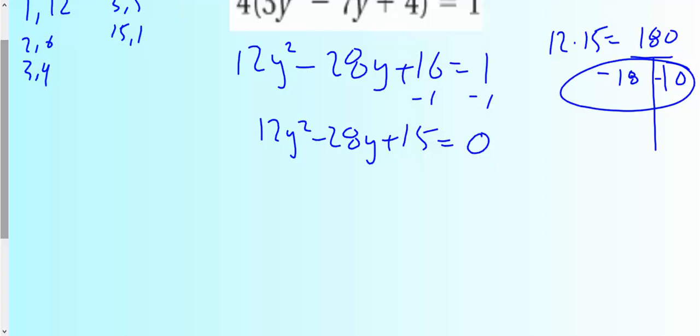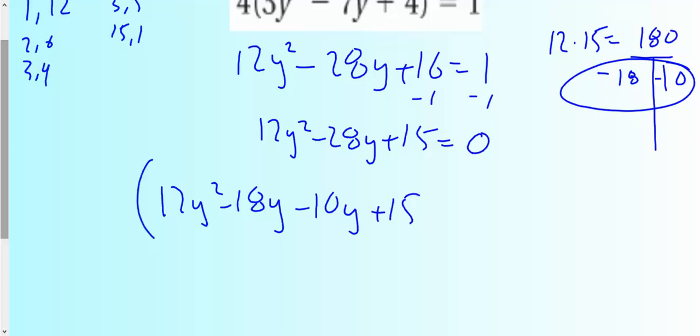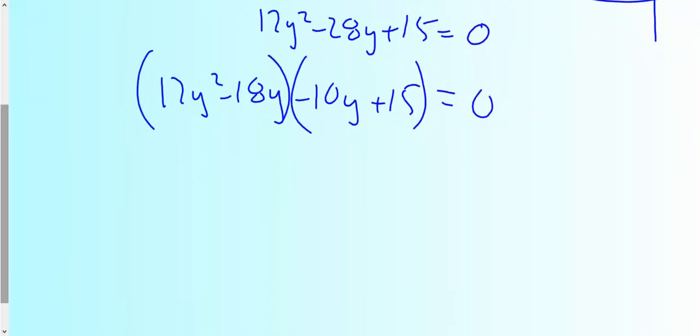I see it already. So we're going to go 12y squared minus 18y minus 10y plus 15. We're going to group the first two terms, we're going to group the second two terms, and we're going to factor. So we'll factor out 6y out of the first one, and we're left with 2y minus 3.